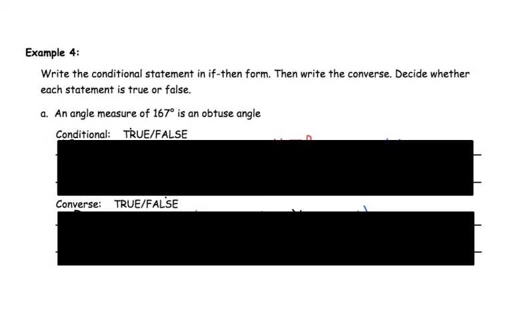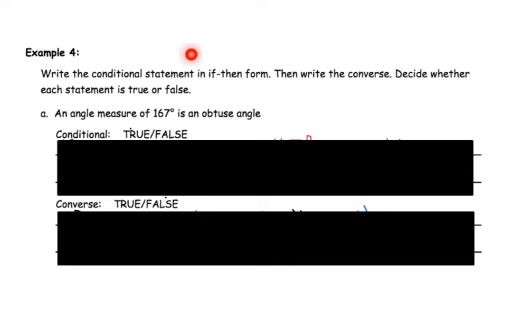Example 4. We're going to write the conditional statement in if-then form. Then we're going to write the converse just like before, and decide whether it's true or false. So kind of the same thing. I'm going to add one extra little step, though.